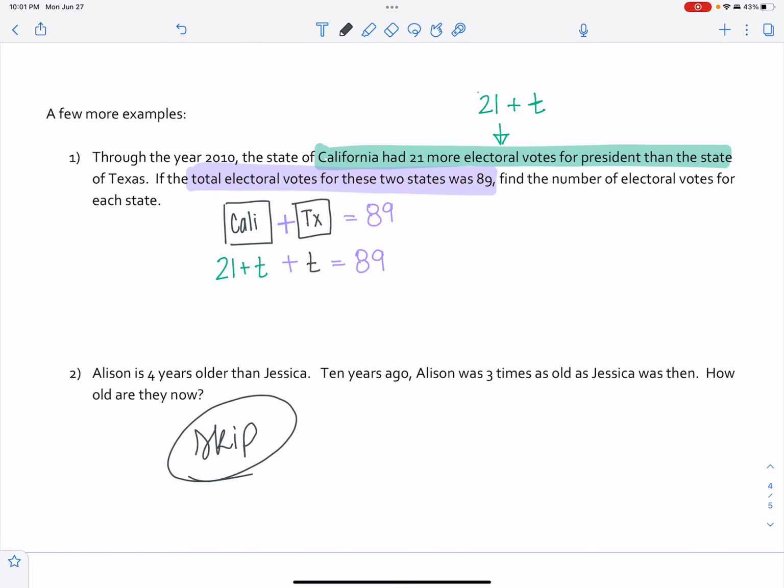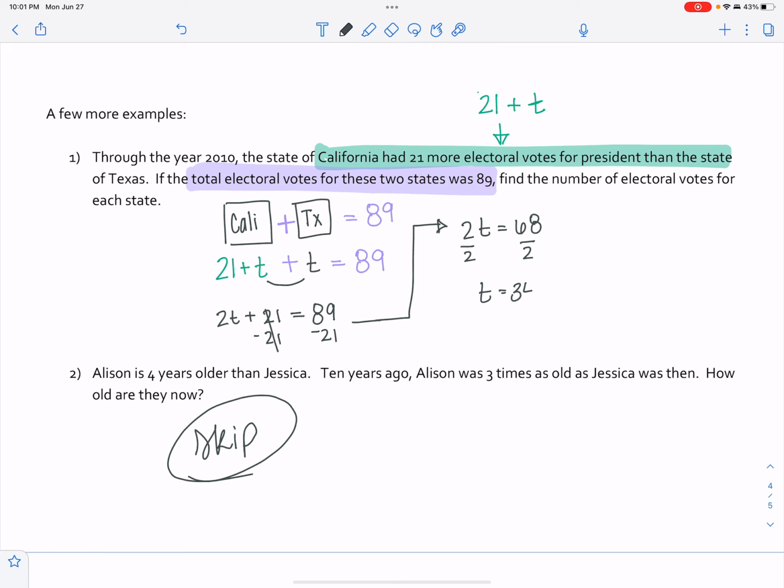Now I'm going to combine like terms. 1T plus 1T is going to give me 2T plus 21 equals 89. I'm going to subtract 21 from both sides. Those will cancel, and I'll be left with 2T equals 68. Divide by 2, and get Texas, or T, equals 34 votes.